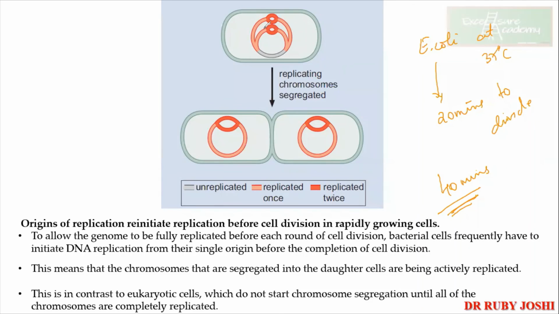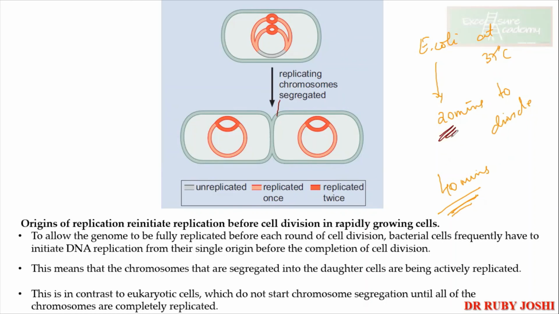So while it is getting separated, while the cell division is happening, along with the cell division, you can see that the second round of replication has already initiated. Are you able to follow? Yes, ma'am.